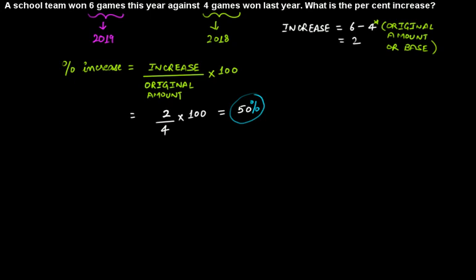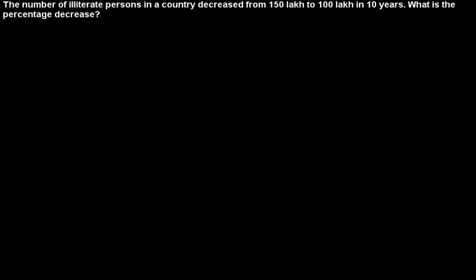Let's take another problem. The number of illiterate persons in a country decreased from 150 lakh to 100 lakh in 10 years. What is the percentage decrease? So initially, let's say that in the year 2018, it was 150 lakh.